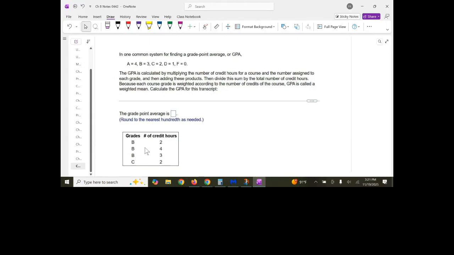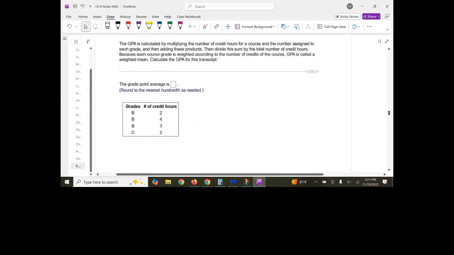So when we're trying to figure out how to find our GPA, the first thing we do is ask, remember, how many points was a B worth? A B was worth 3. This is 3, this is 3, this is 2. Then we multiply these numbers as we go from left to right.